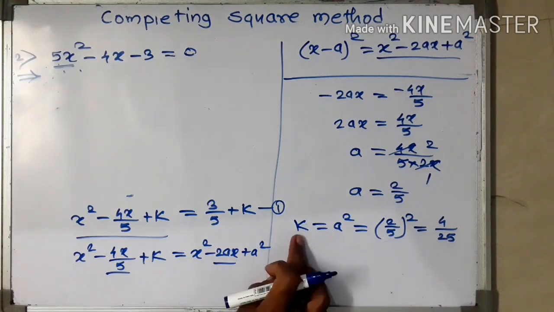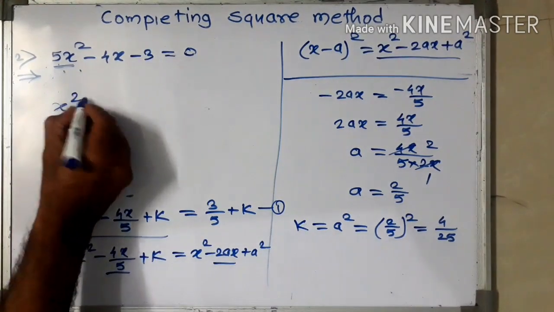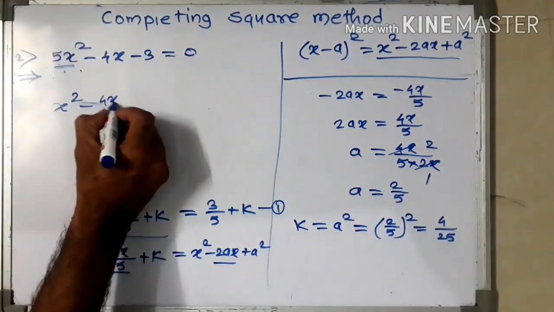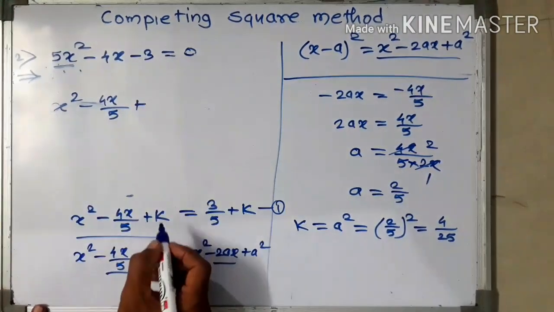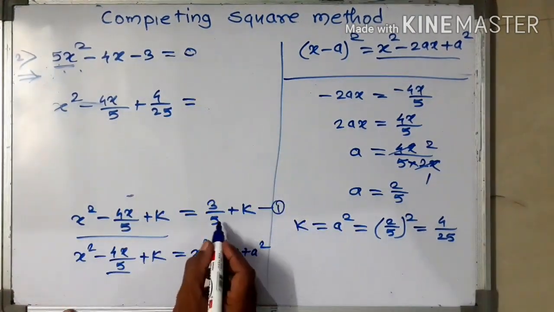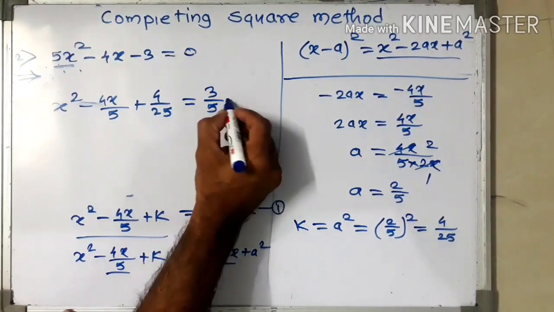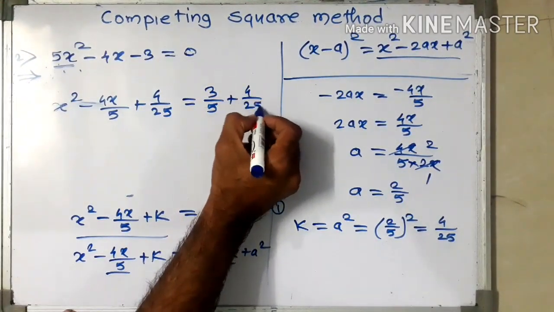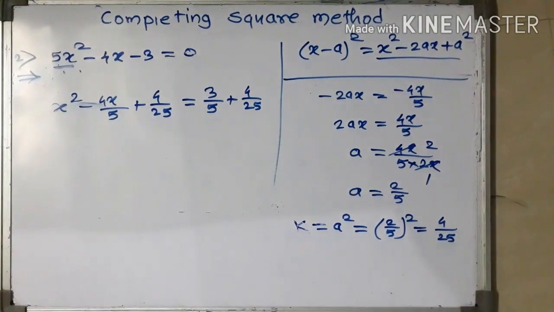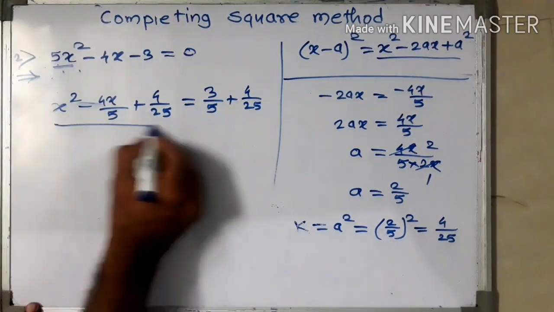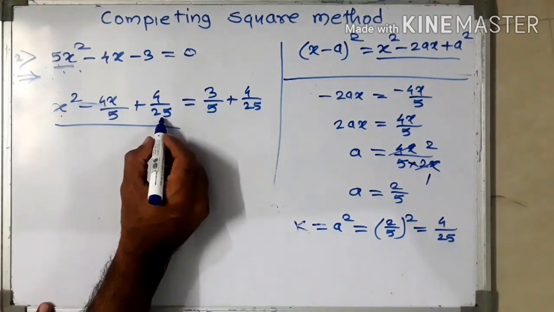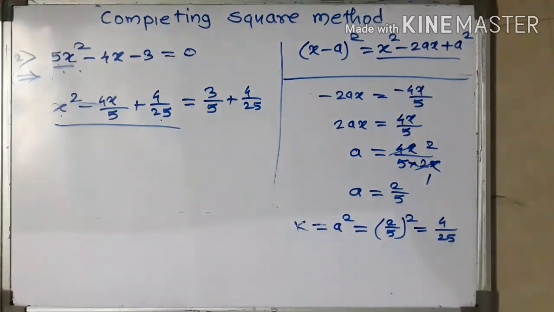By substituting, we can write x square minus 4x upon 5 plus 4 upon 25 equals to 3 upon 5 plus 4 upon 25. Now this is the square polynomial because we can find the root of the first term and also the root of the third term.